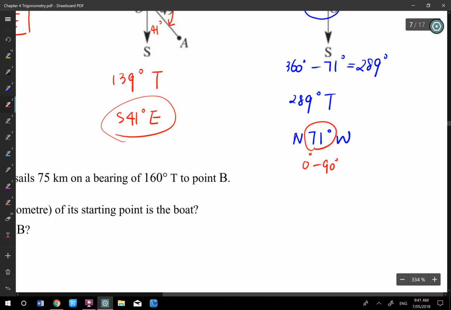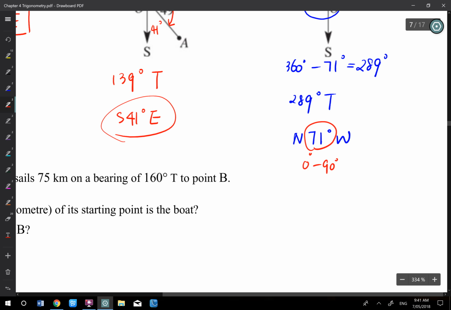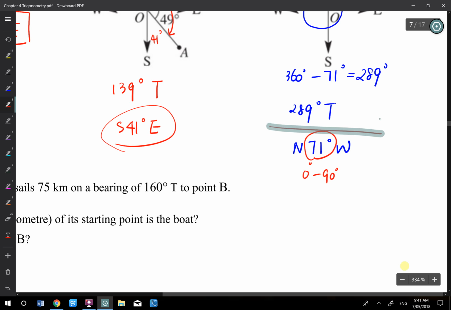So true bearing goes from 0 to 360, but for northwest, southwest, northeast, and southeast, we only take angles between 0 and 90 degrees. That's the two ways we talk about bearing.